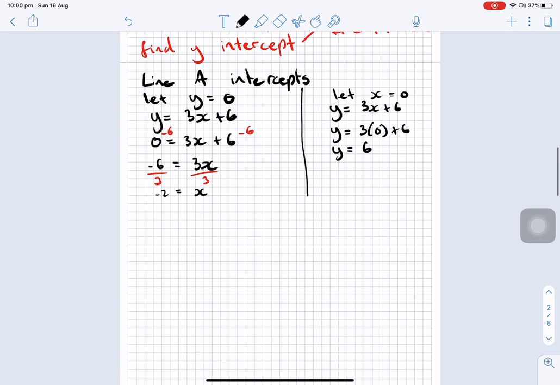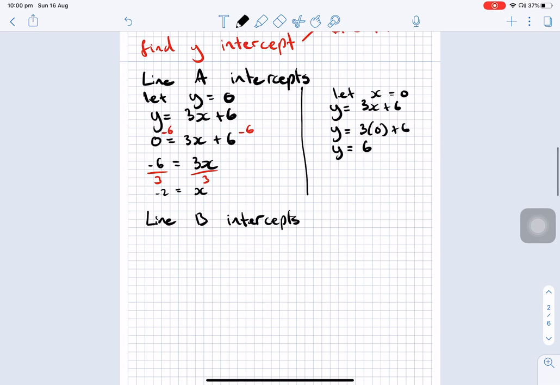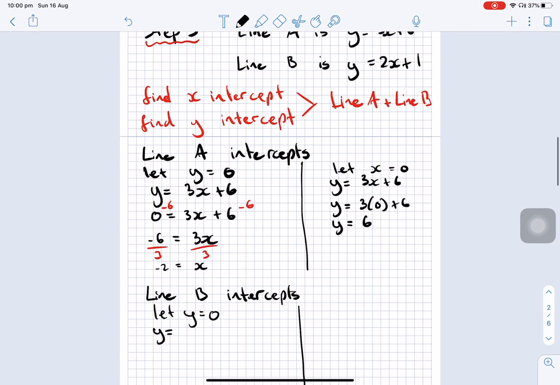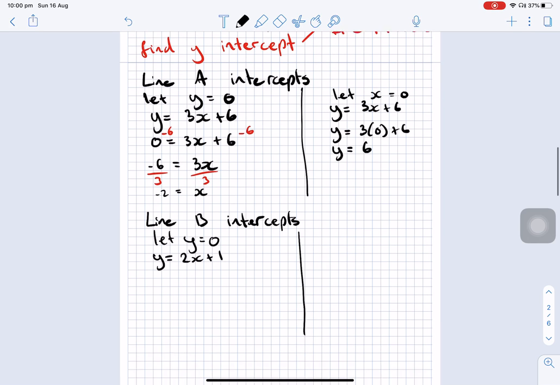Alright, and then we're going to find the line B intercepts. As we did before, split it in half. This side we'll let y equal 0 because we're trying to find the x-intercept. So our equation is y equals 2x plus 1, which we found before.